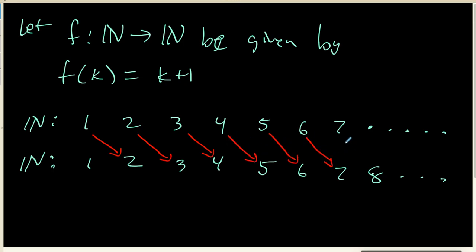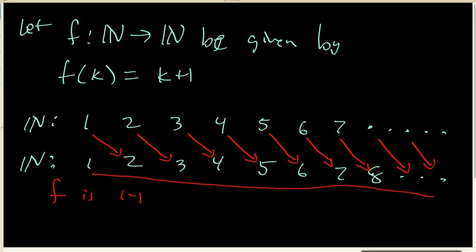And it's easy to see from this kind of setup that this f is one-to-one because on this bottom line, nobody gets more than one arrow, but f is not onto. And it's not onto because this guy did not have anybody coming into him.